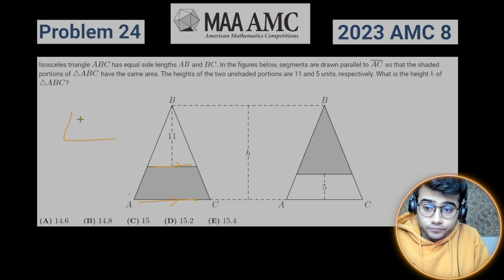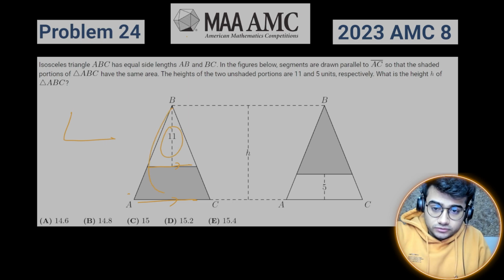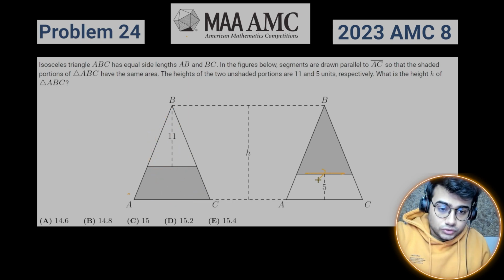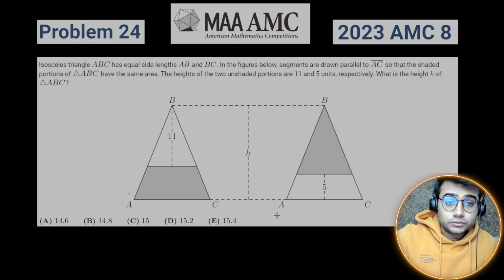Now, if you know, in a triangle, if you draw a line parallel to the base, that gives you a similar triangle. So these two triangles are similar, okay, and since these two are parallel as well, these two triangles are similar as well. So we know that the main idea to solve this problem would involve similarity.